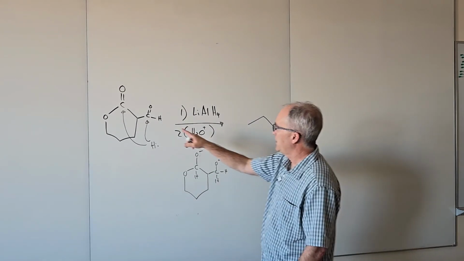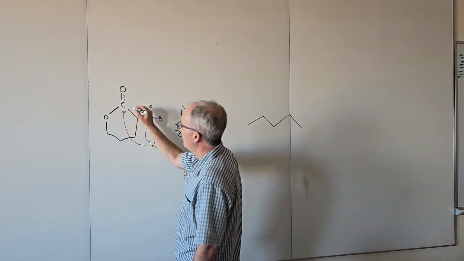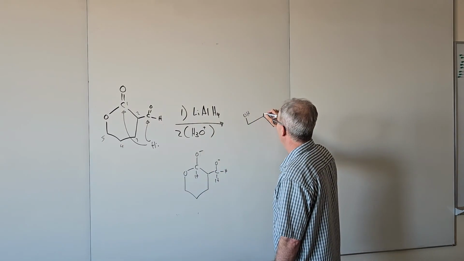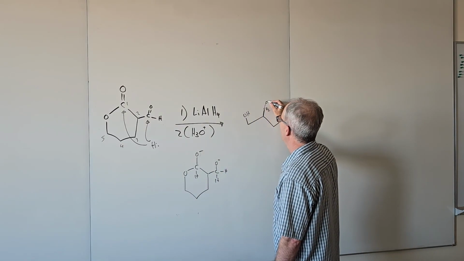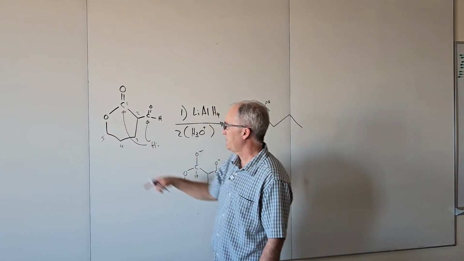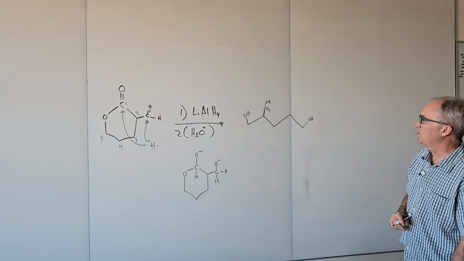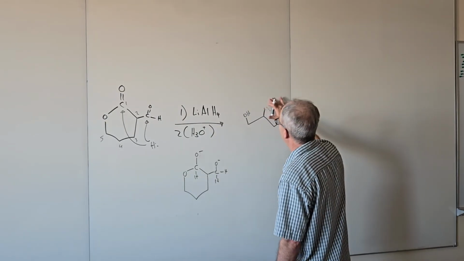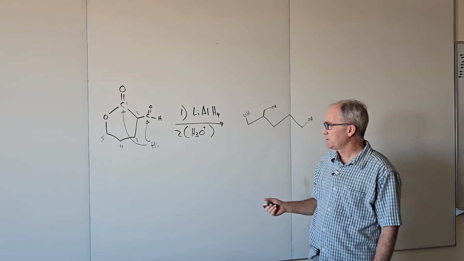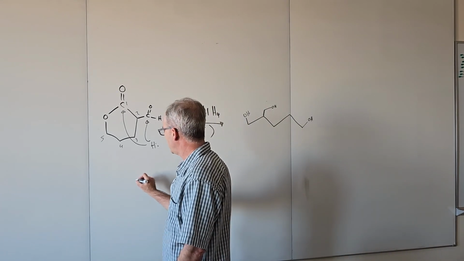If I make this number 1, I'm going to have an OH at the number 1 carbon. Number 2, I'm going to have a carbon and then an OH. There's that carbon. Down here, carbon number 5, I'm going to have this other OH. I'm going to make this look a little prettier. Now the ring openings are kind of confusing.